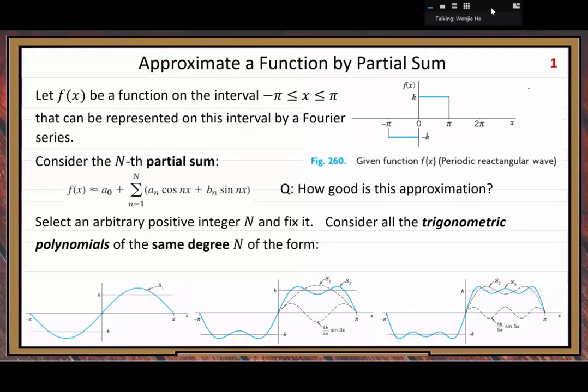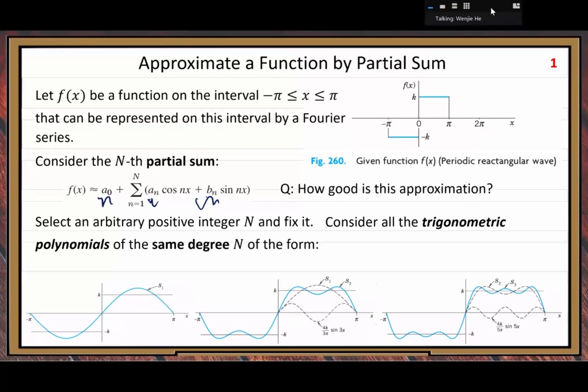We consider all the possible degree n trigonometric polynomials. That means you have freedom to change these coefficients. You do not have to use little a0, little an, little bn. In the general case, we use capital A0, capital An, capital Bn.